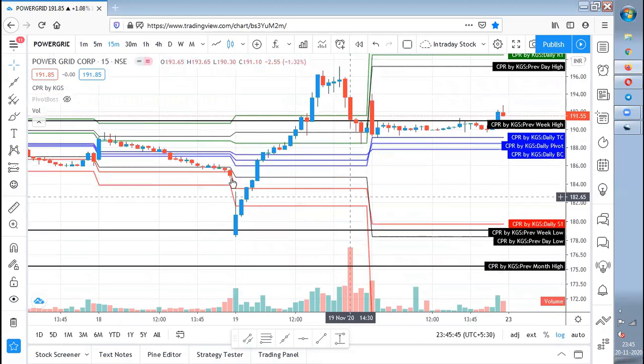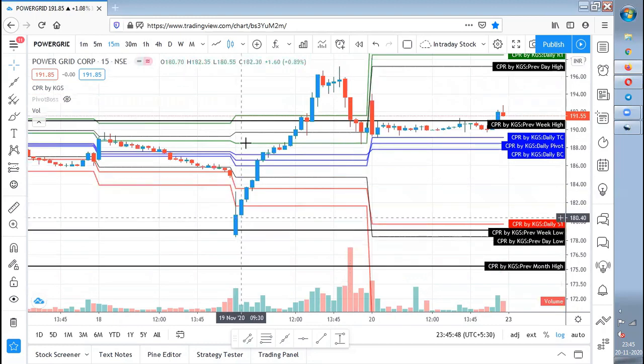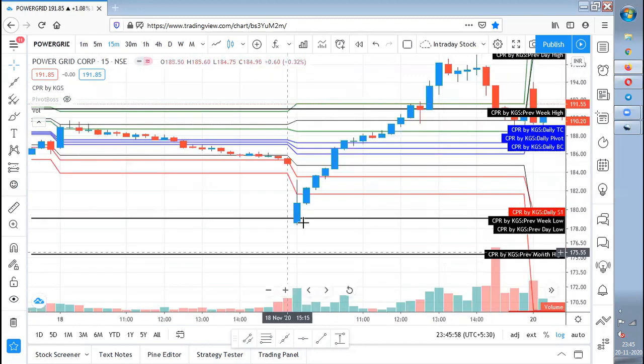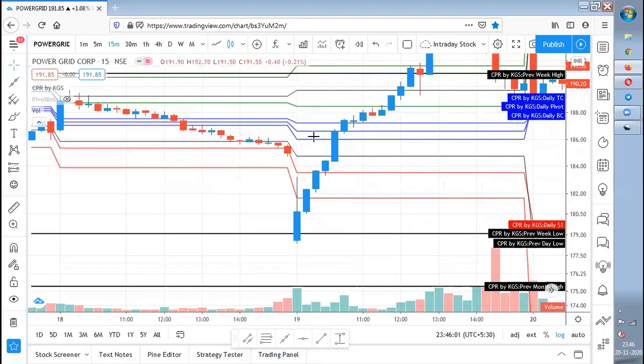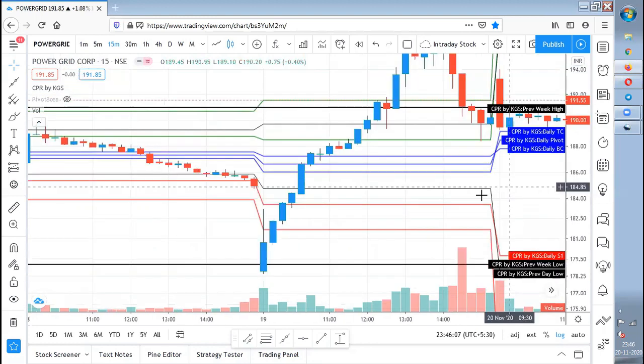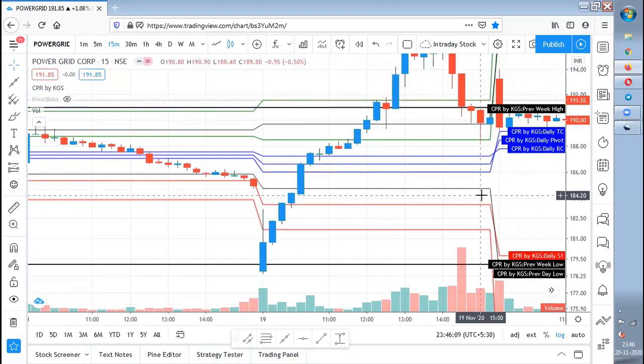What has happened here is that the candles opened gap down. This is Power Grid, the example he has asked, on the 19th, which is yesterday. The CPR, as you can see, is an overlapping lower value CPR, so the bias is moderately bearish.